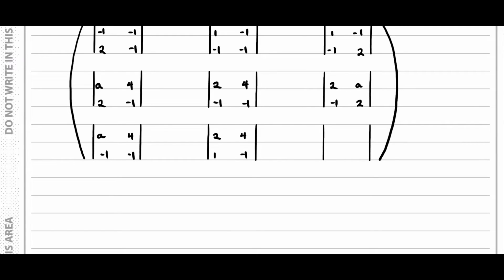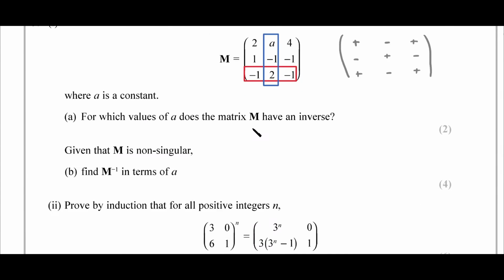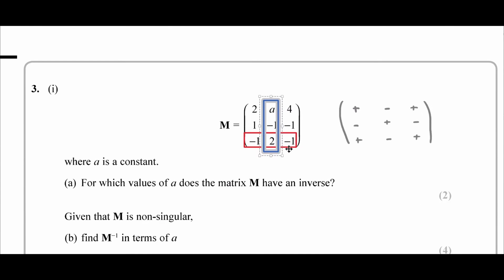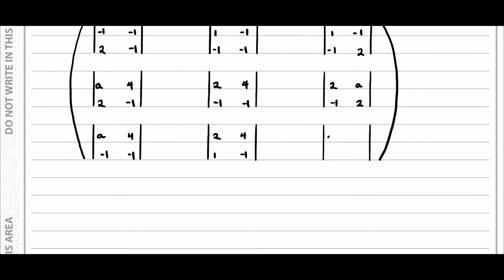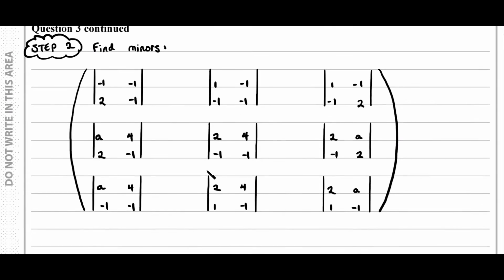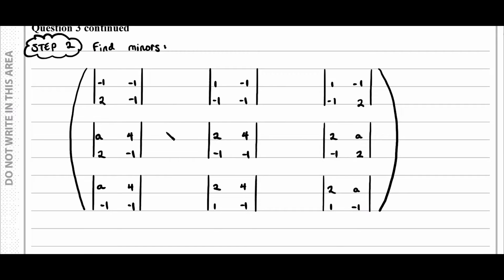And then finally, if I move this here, for this element, we have 2A1 minus 1. So we have 2A1 minus 1. And the rest of this question is quite easy for us. We just have to find out each of these 9 determinants.